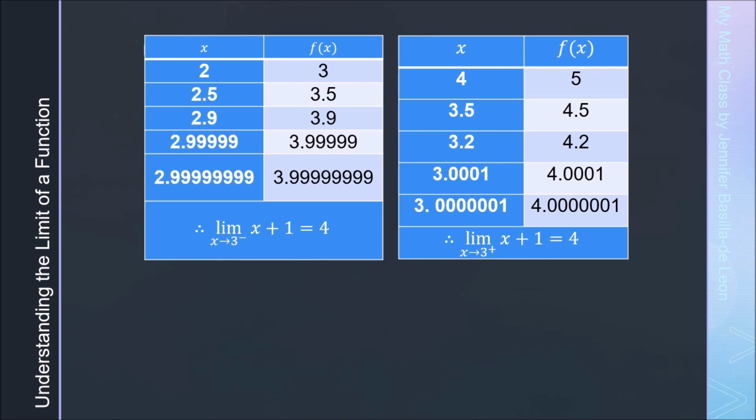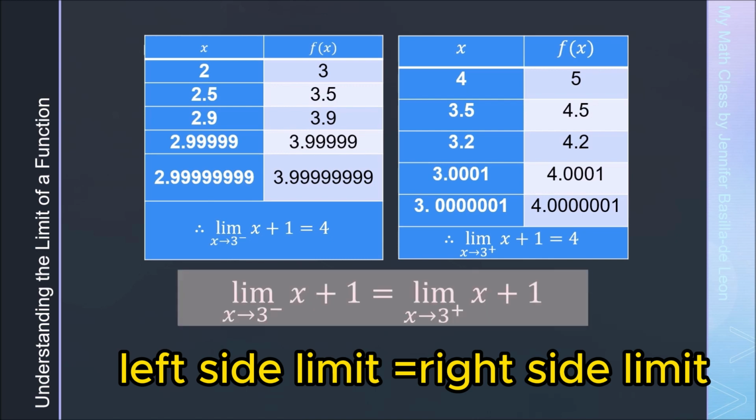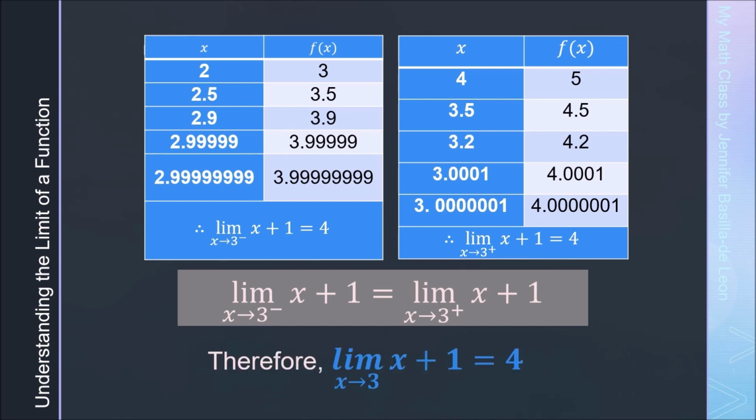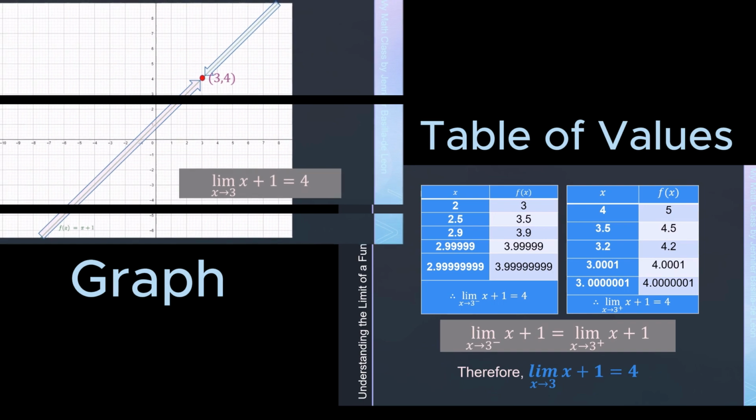Since the limit of x plus 1 as x approaches 3 from the left is equal to the limit of x plus 1 as x approaches 3 from the right, we conclude that the limit of x plus 1 as x approaches 3 is 4. This supports our answer when we considered the graph of the function f of x equals x plus 1.